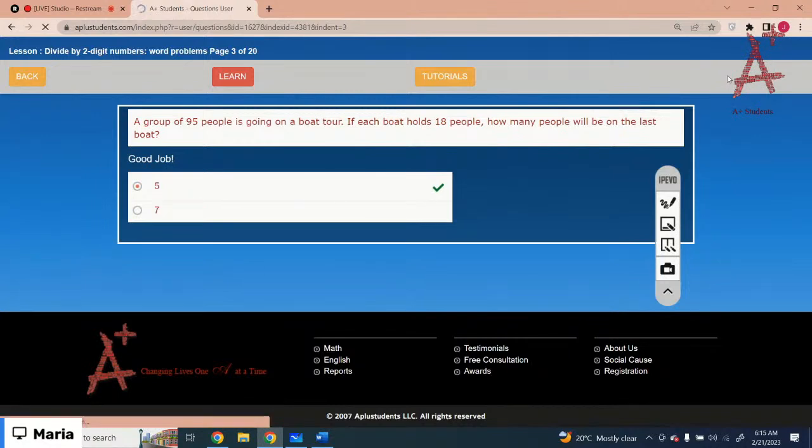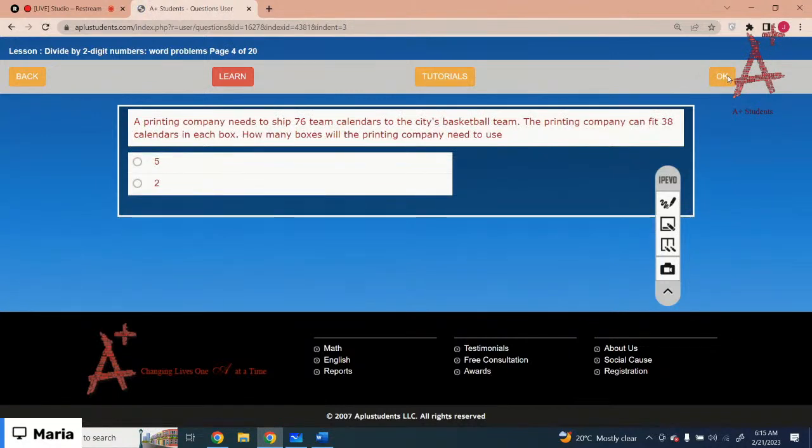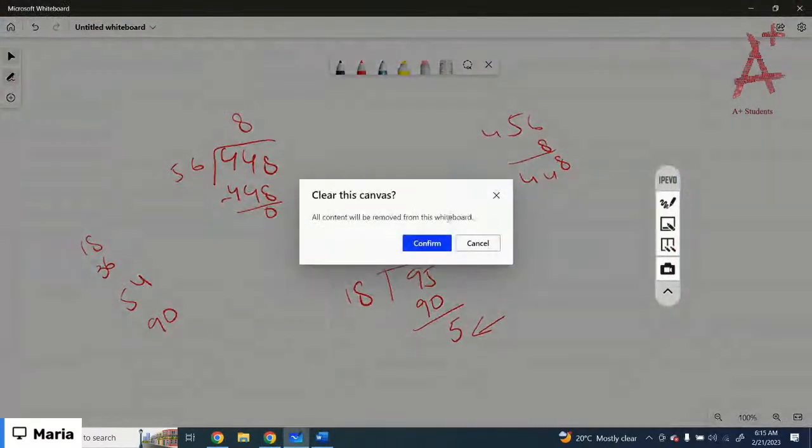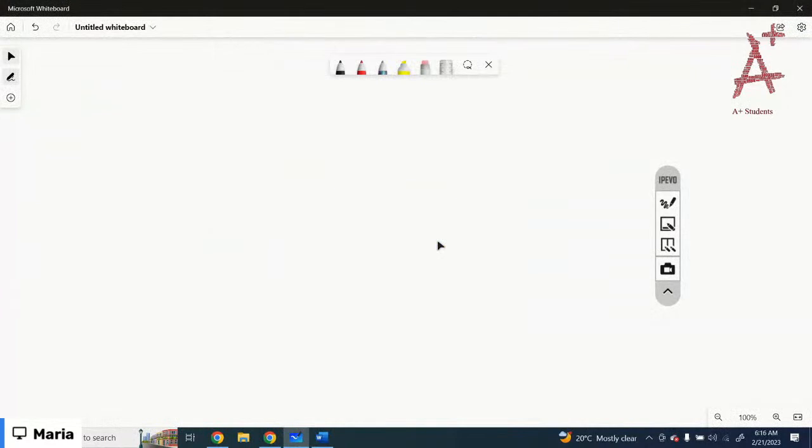Okay, the next one is: a printing company needs to ship 76 team calendars to the city's basketball team. The printing company can fit 38 calendars in each box. How many boxes will the printing company need to use? So you have to divide 76 by 38.